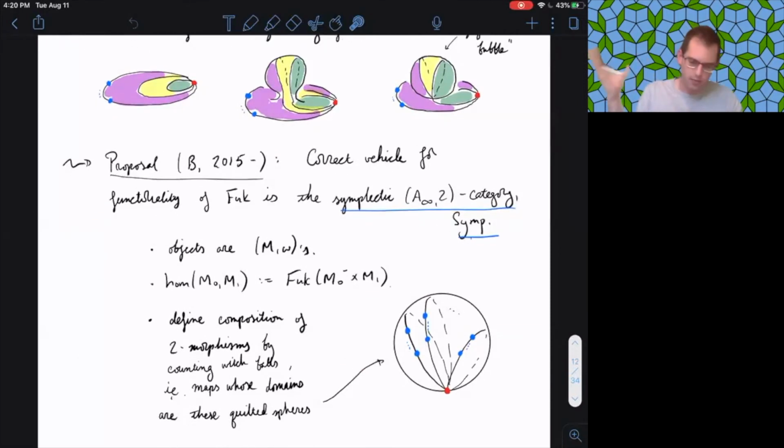And so what I have proposed is that the way to do this is to build something like a 2-category, but not quite. It's the symplectic A-infinity 2-category, or Symp for short.